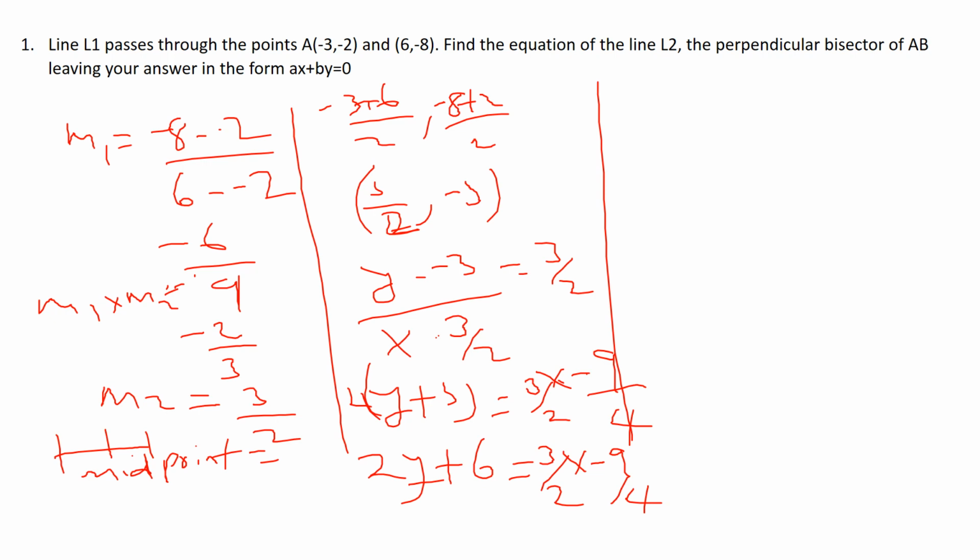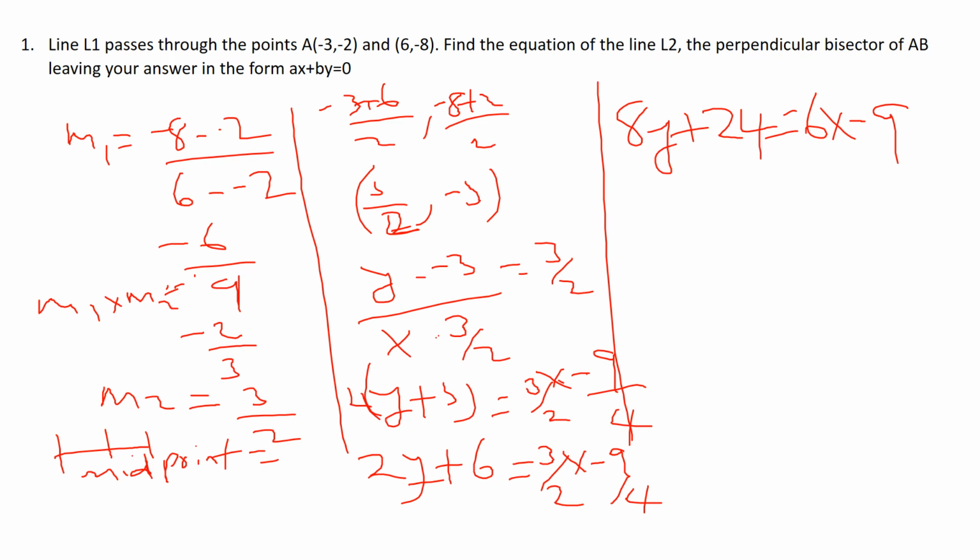We can multiply by 4, so we shall have 8y plus 24 equals 6x minus 9.